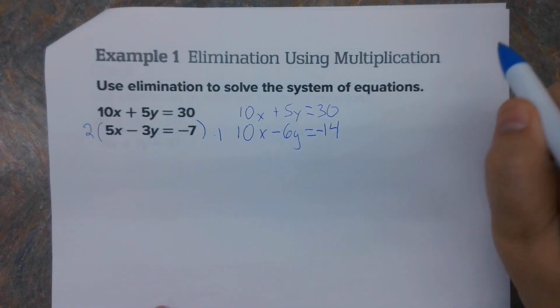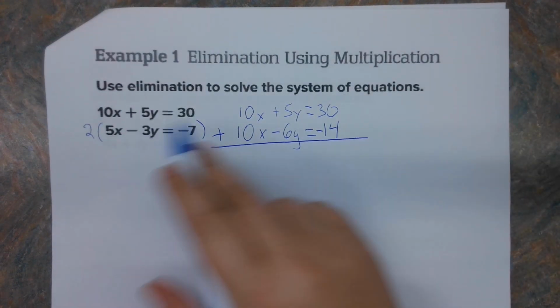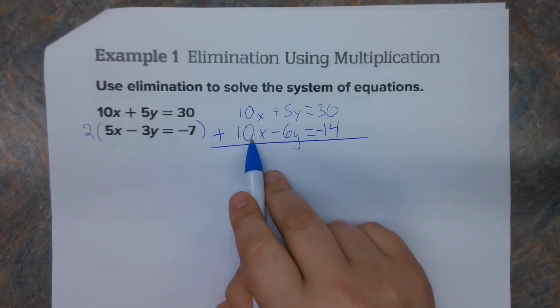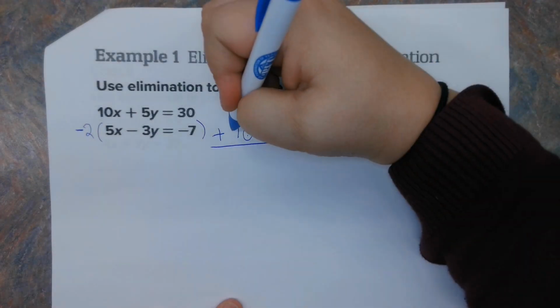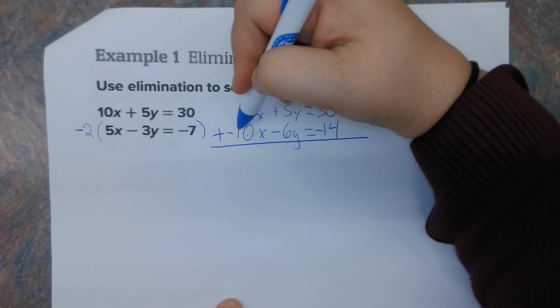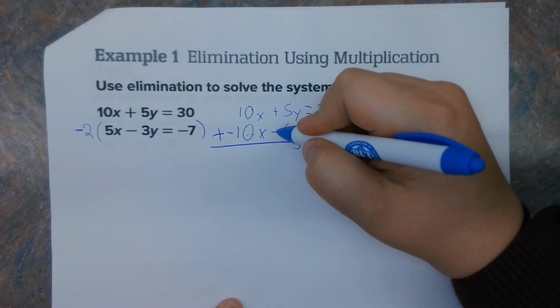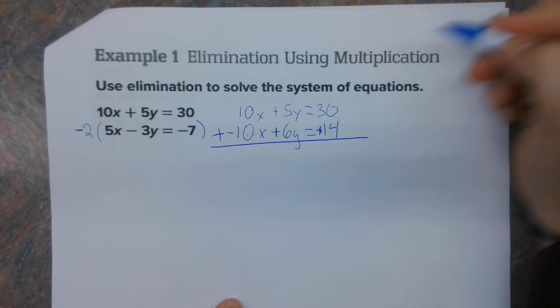Whoa, hold on, I almost messed up. Remember, we want to add, not subtract, because adding is easier. If I add those right now, I'd get 20. So I actually need to multiply by a negative 2, and that's going to flip all these signs. 2 times negative 5 is negative 10. 2 times negative 3 is positive 6, and negative 2 times negative 7 is positive 14.